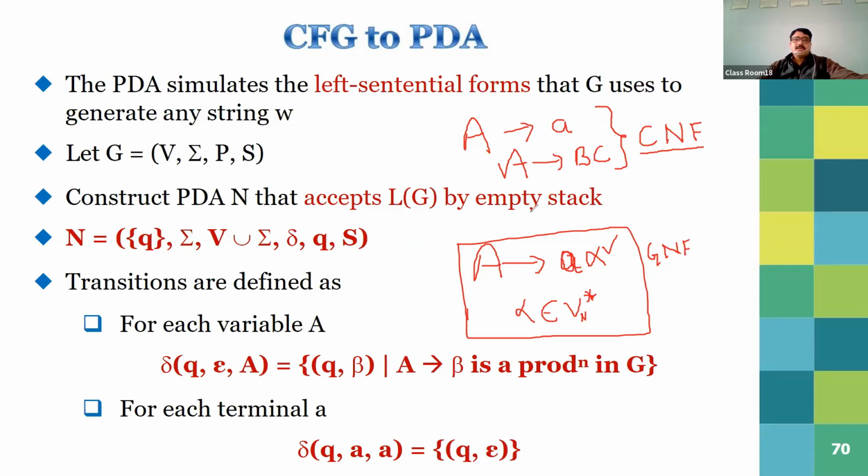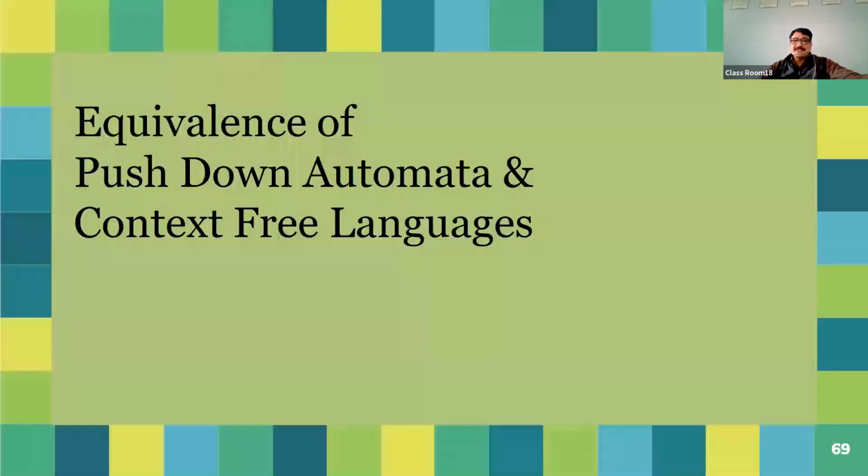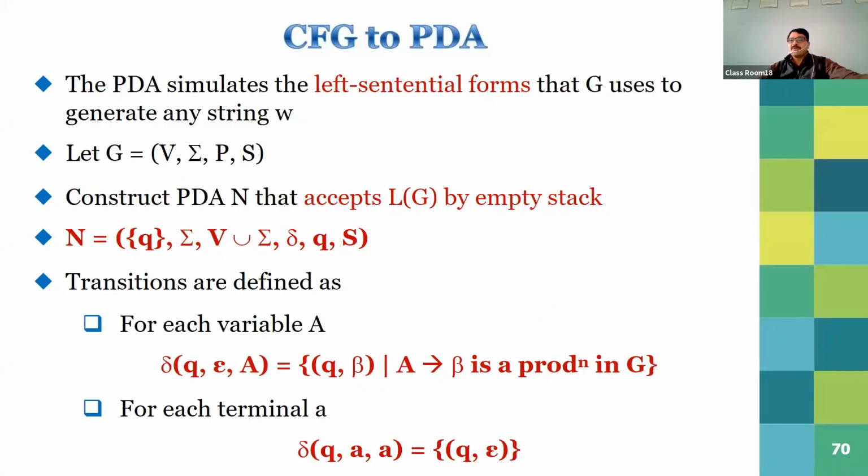Now, let's start one new topic, that is context-free grammar to PDA. This is the equivalence of PDA and context-free language. If a context-free grammar is given to you, then you can find the equivalence of that grammar, that is PDA.